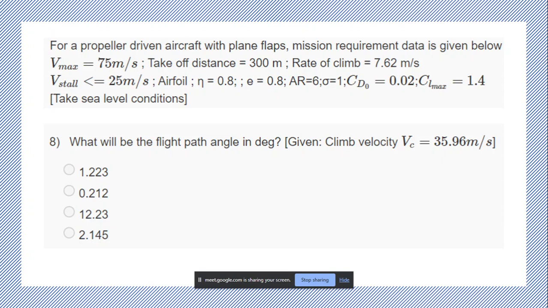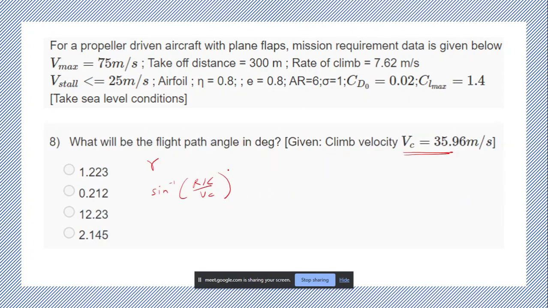Next question, what will be the flight path angle in degrees? From the same set of equations, how do we find this? Vc is given to be the same quantity, so what will be the value of flight path angle? They've asked you to find out gamma. Sine inverse of what we found, this rate of climb by Vc.